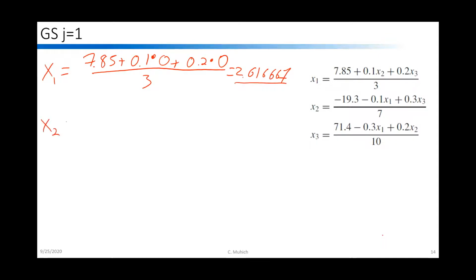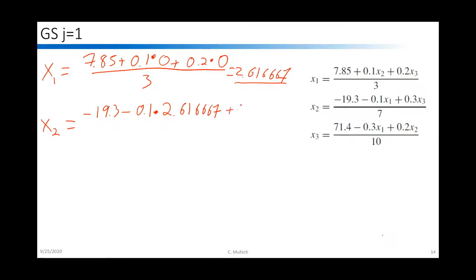So now when we start x2, we have that negative 19.3 minus 0.1, and here we're going to use x1. So we're going to use that 2.616667, not 0, right? 0 was the Jacobi method. Now we're doing Gauss-Seidel, so we're using that new x1 value.